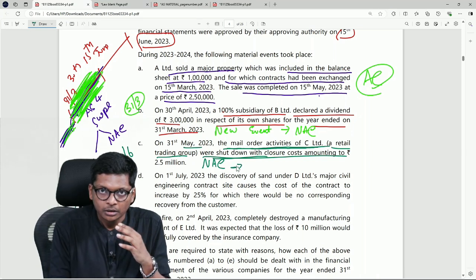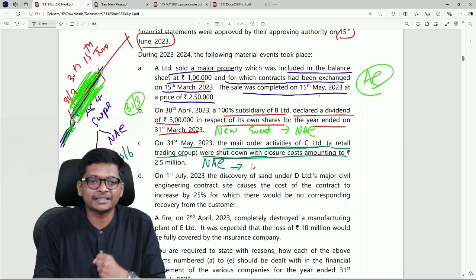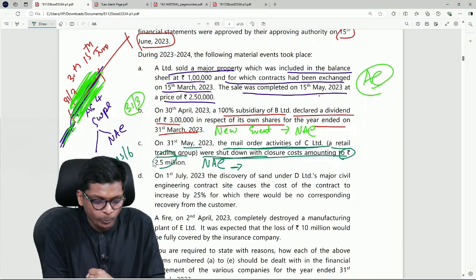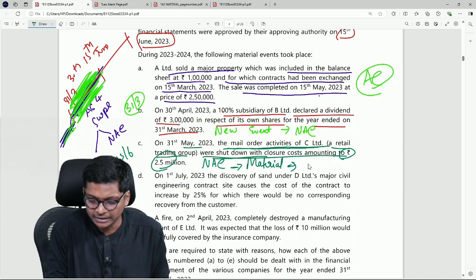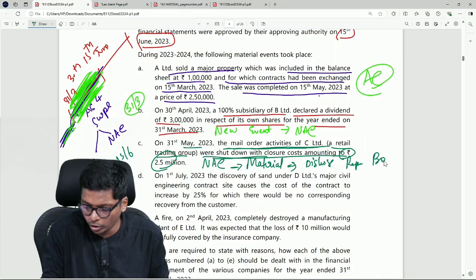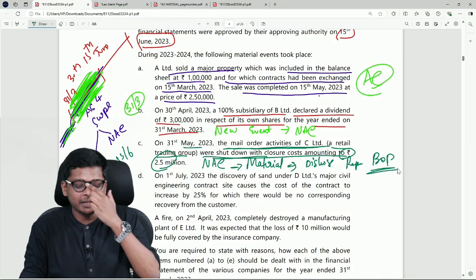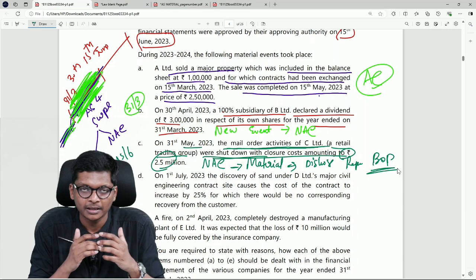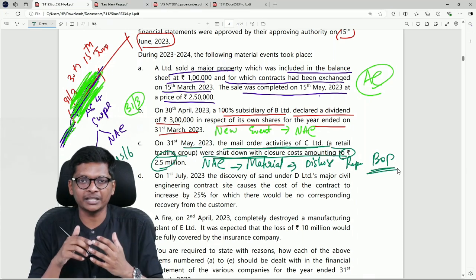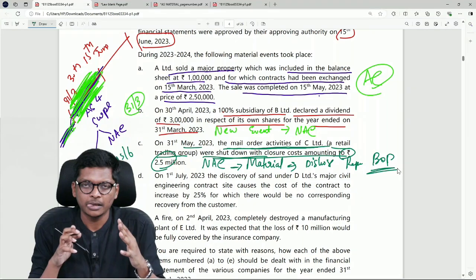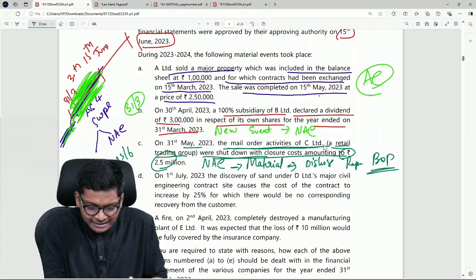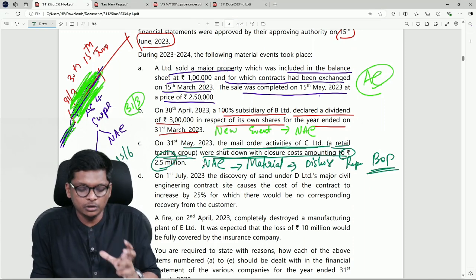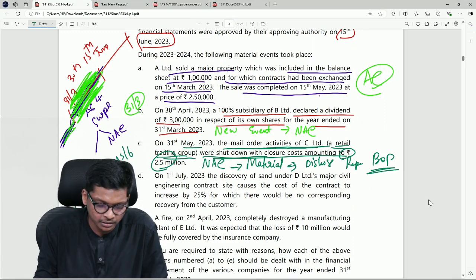But I just can't leave it like that because the cost is 2.5 million. So it is definitely material. Therefore, you will disclose it in the report of the board of directors for a company. If you feel it is affecting going concern, then make it adjusting. But this looks like a closure of one particular retail trading group. One part was shut down. So we will take it as material.